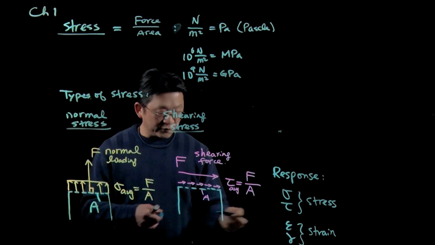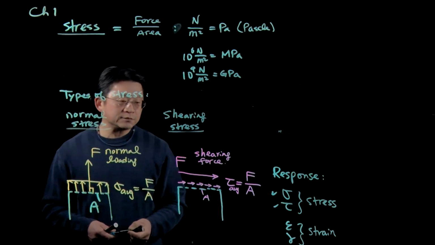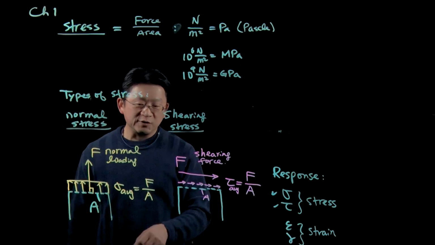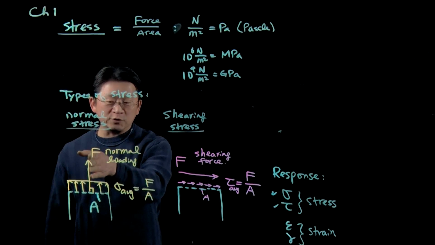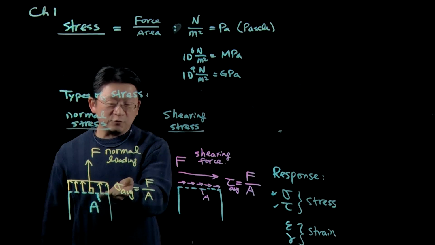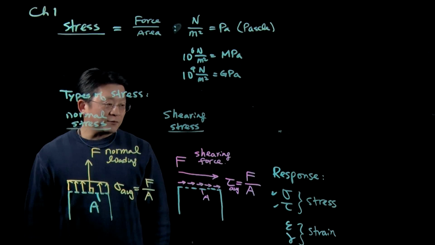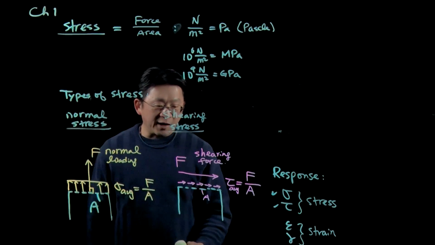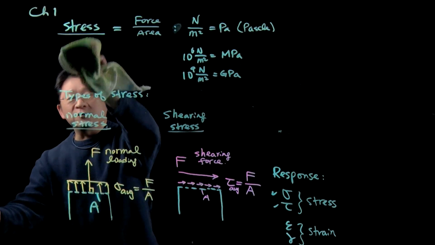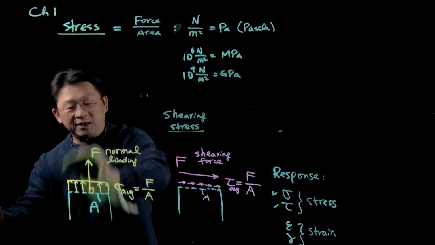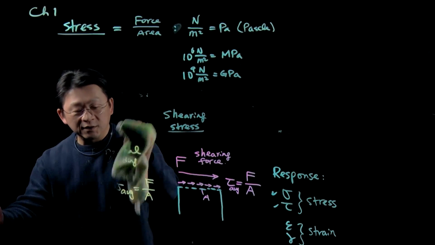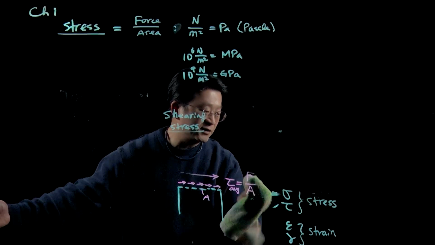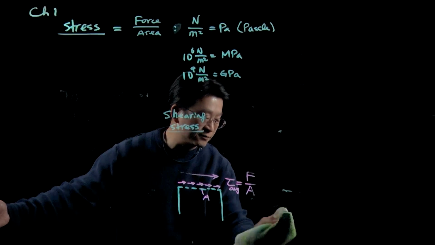So that is the definition of normal stress and shearing stress. Again, one more time, how to tell the difference between normal stress and shearing stress: you decide by the direction of the loading relative to the particular cross section you're interested in. With this definition of stress in mind, we can come up with further applications of how to use the fundamental definition to analyze more practical loading examples.